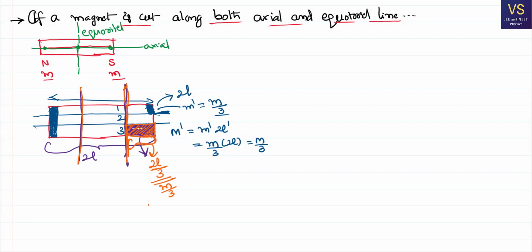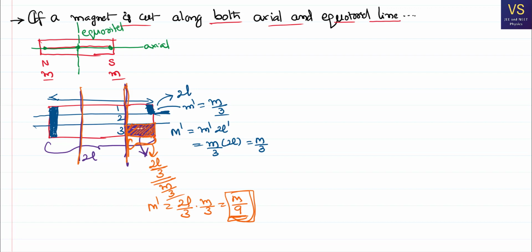What happens to the new magnetic moment? Length is 2L/3 and pole strength is m/3, so it becomes m/9. So if you cut the magnet into 9 identical pieces by making 3 pieces along the axial line and 3 pieces along the equatorial line, magnetic moment becomes m/9.